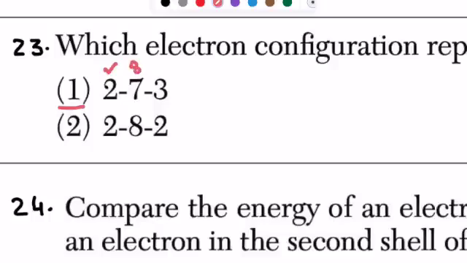So this tells us that 1 electron from the second orbit has moved to the third orbit. So this could be an excited state. If you look at option 2, orbit number 1 is complete, orbit number 2 is complete. So nothing is incomplete. This is just the ground state.